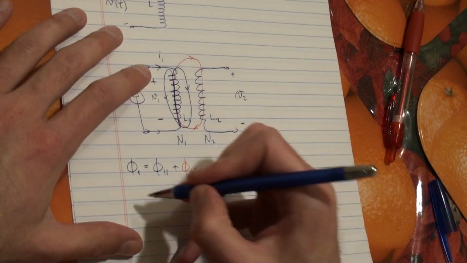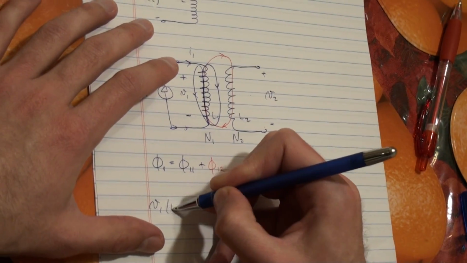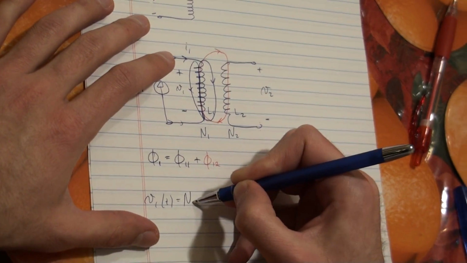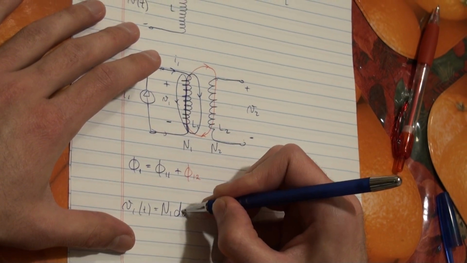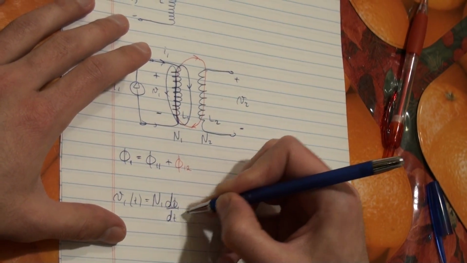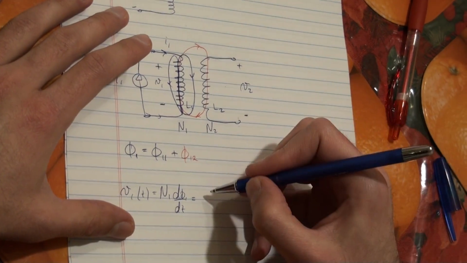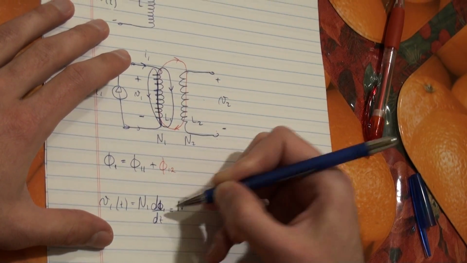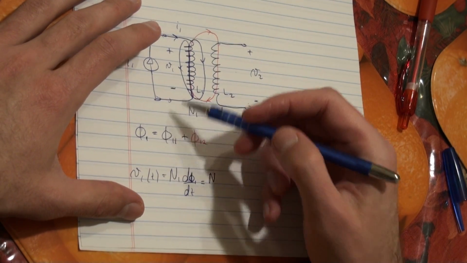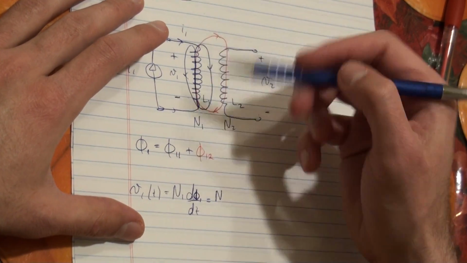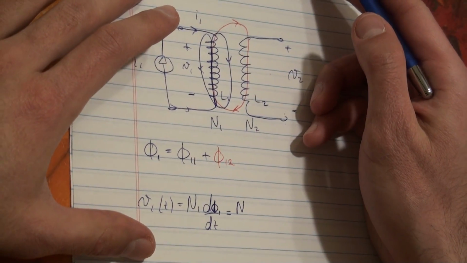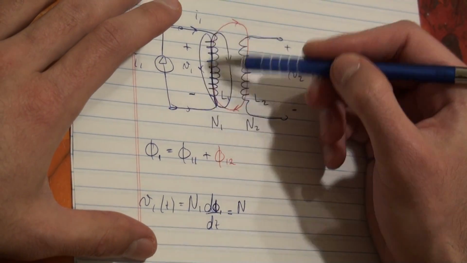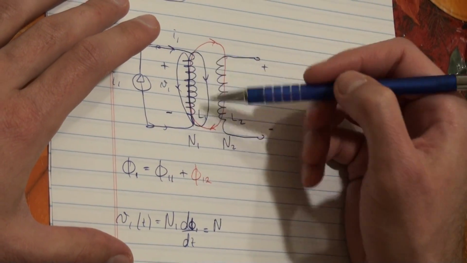Let's say we wanted to write the voltage. V1(t) is going to be, using Faraday's law, N1 dphi1/dt. Recall phi1 is the total flux. So this voltage here is, by Faraday's law, N dphi/dt, and this is the total flux.